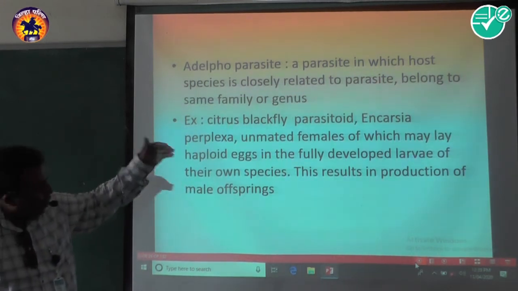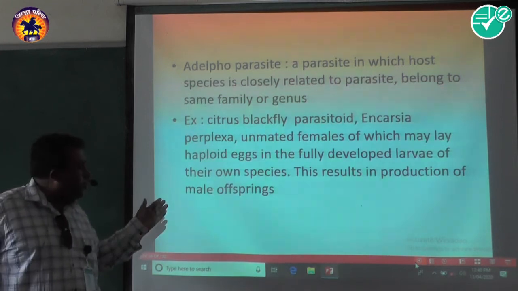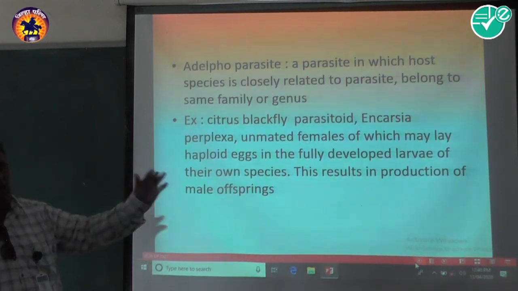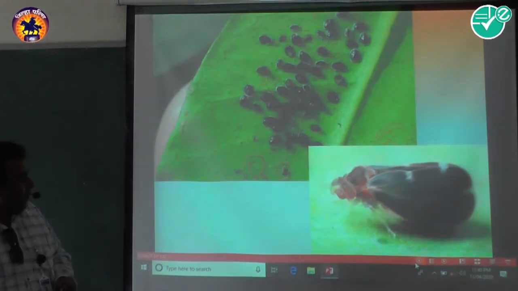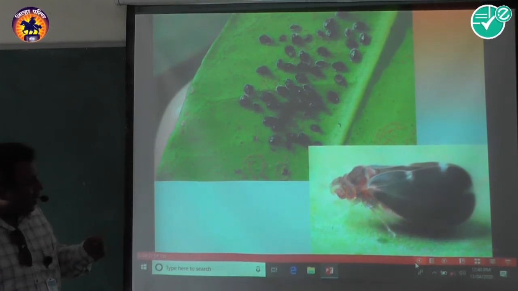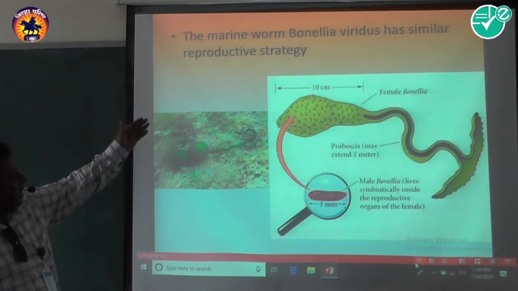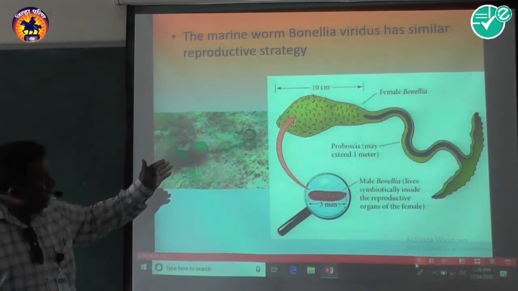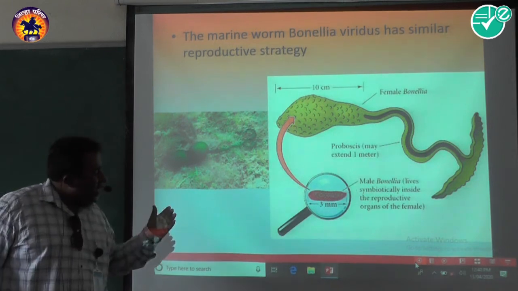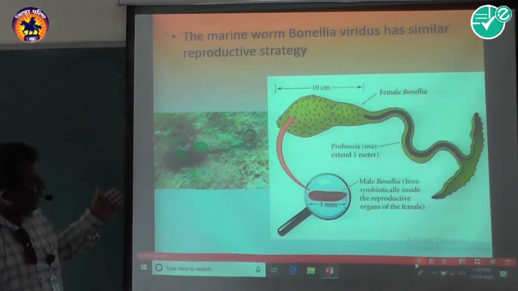In this, the fully developed larva of their own species results in the production of male offspring. Then the marine worm Bonellia viridis has a similar reproductive strategy.